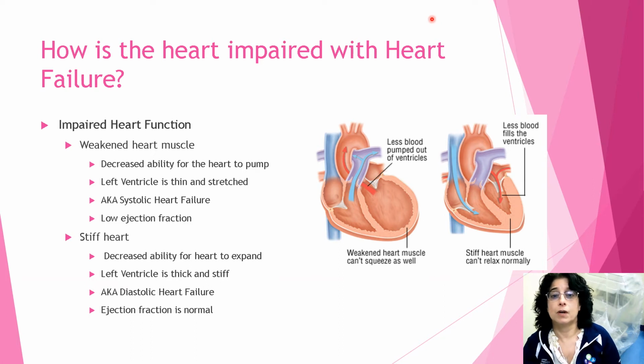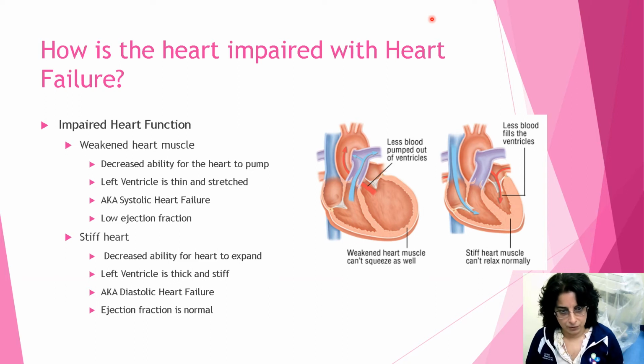To quantify that for you, they both can give you the same types of symptoms. Think about a heart that can take in 100 milliliters of blood and the ejection fraction is 25%. That means it's pumping out 25 milliliters of blood, which isn't a lot.